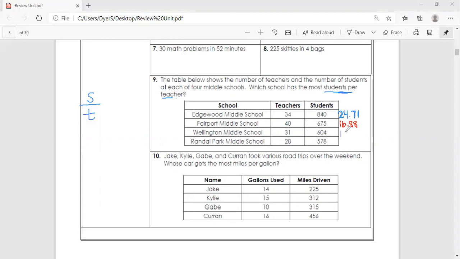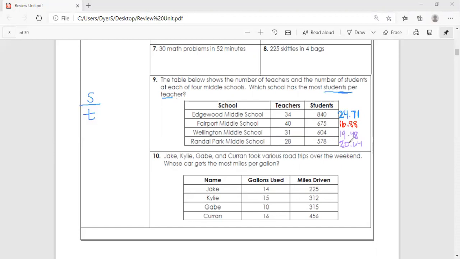And we have 19.48. And then we're going to do 578 divided by 28. And we have 20.64.